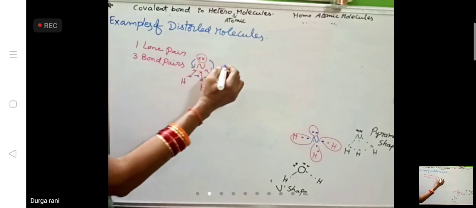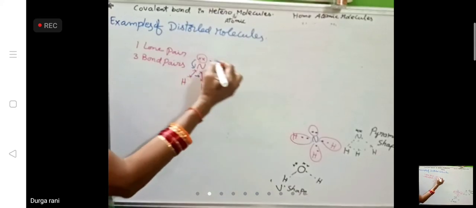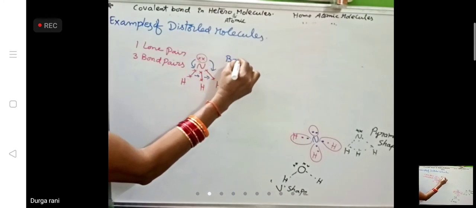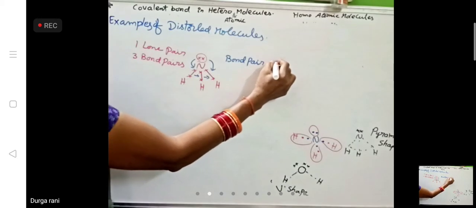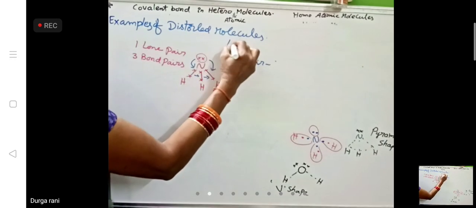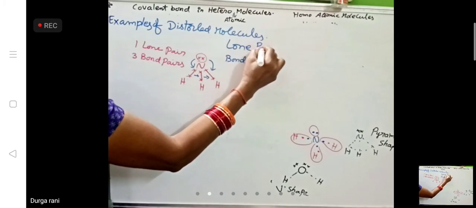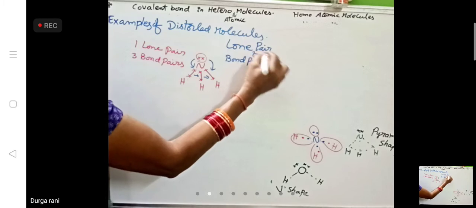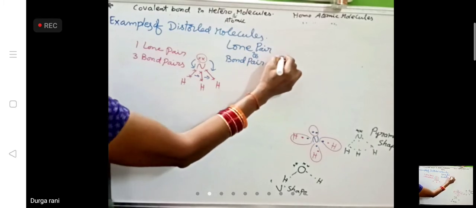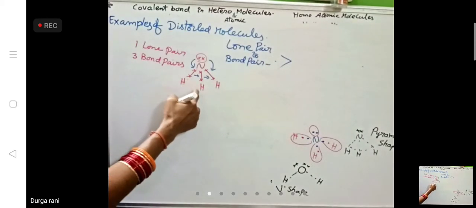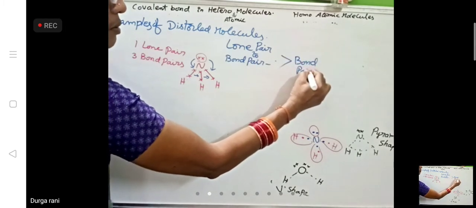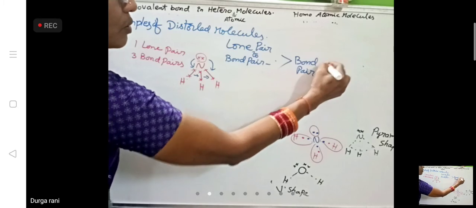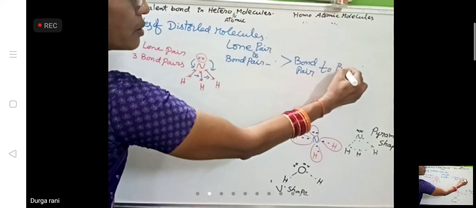Once again, you see here, in this molecule, repulsion between lone pair and bond pair is greater than repulsion between bond pair and bond pair.